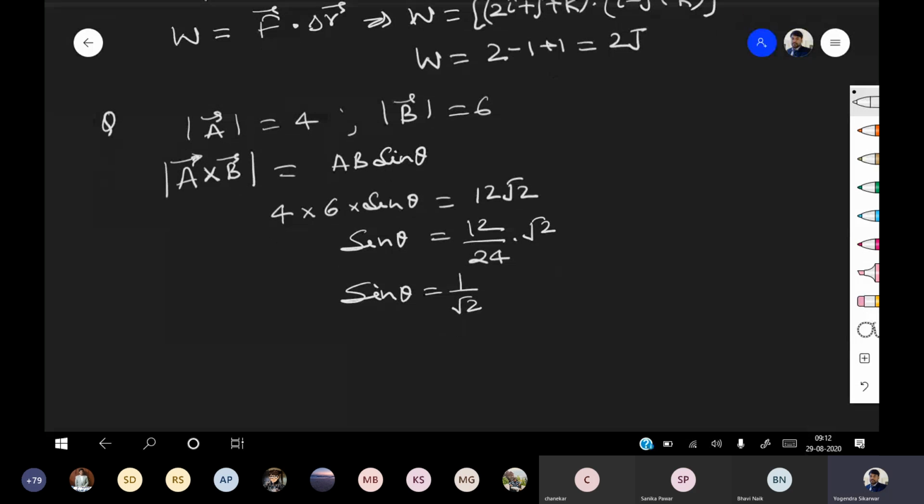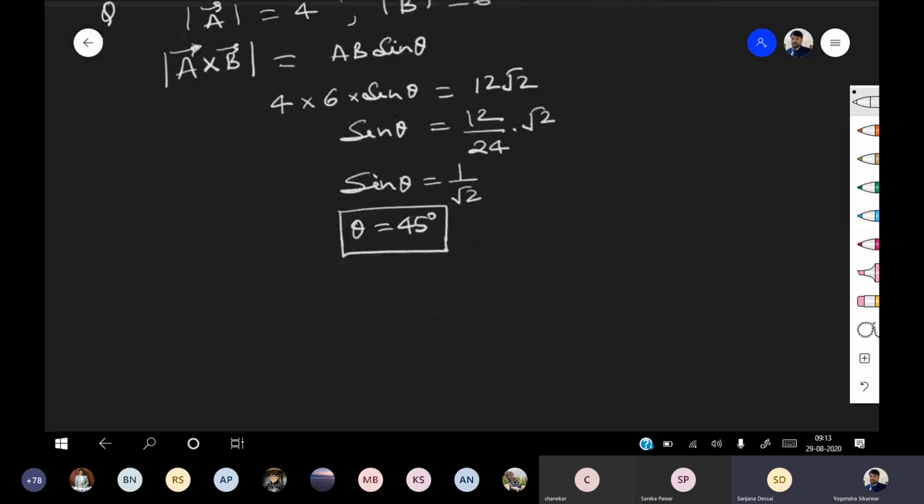So theta is equal to 45 degrees. The given answer is 45 degrees only.